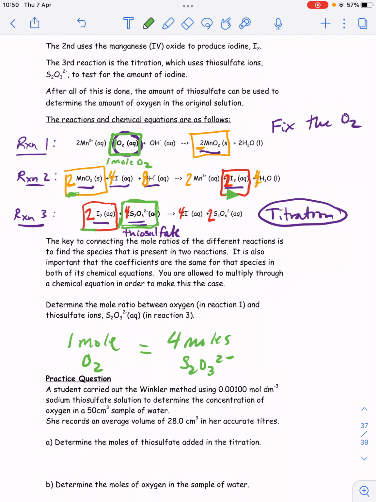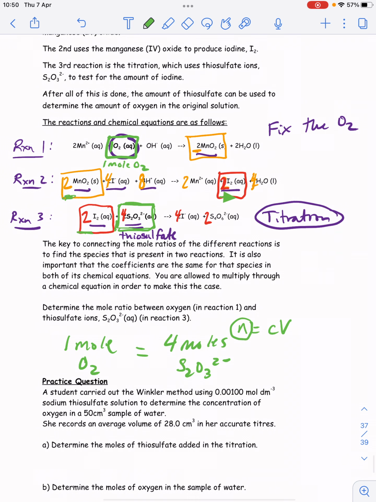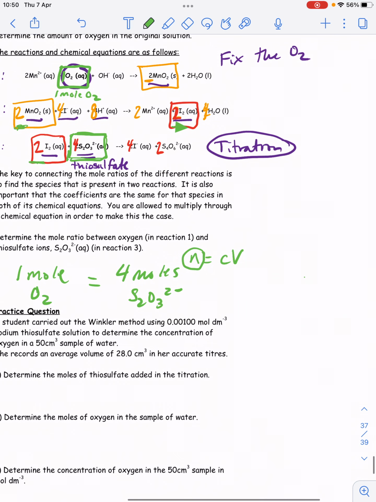So when I do my titration, I know a concentration and a volume for thiosulfate, the thing I'm adding from the burette, so I'll get the moles of thiosulfate. I'll set up a little mole ratio: it takes 4 thiosulfates for every 1 O2. So I'll plug in my number here, and I'll be able to solve for the moles of O2.